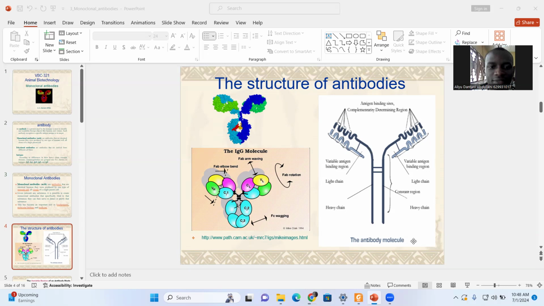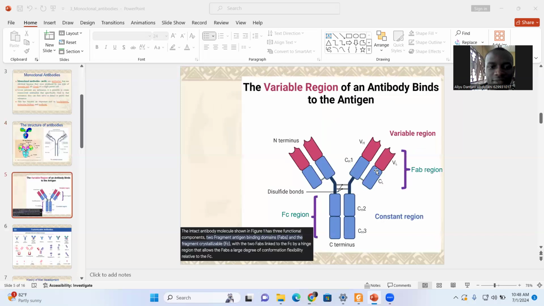This is just an overview, a sketch, to give you an idea of what an antibody looks like. I'm taking my time because it is a multidisciplinary course. We have people that probably didn't study anything like this in their bachelor's degree.